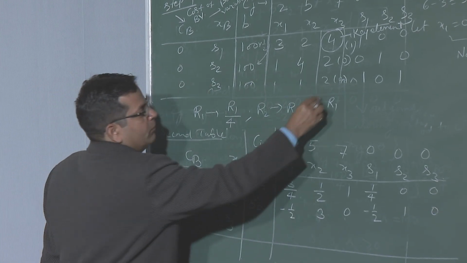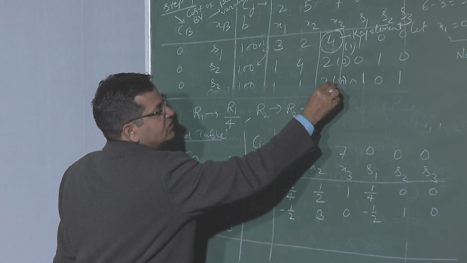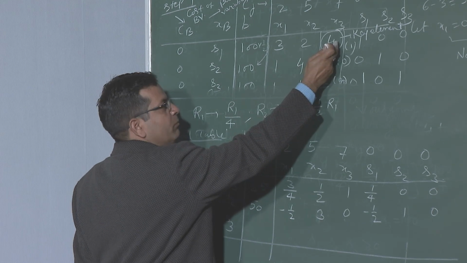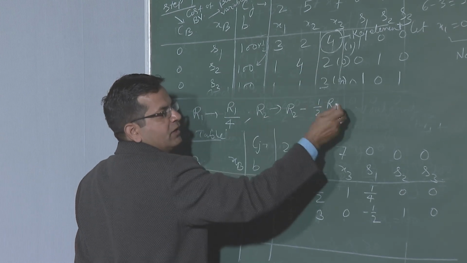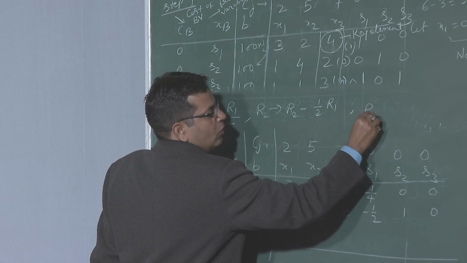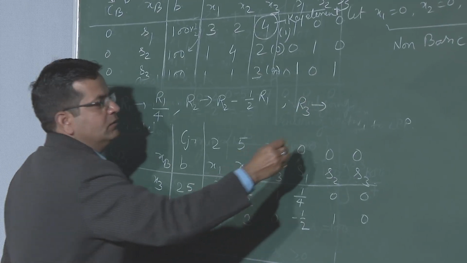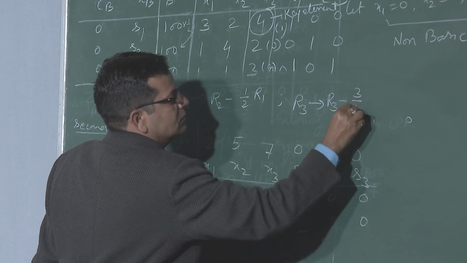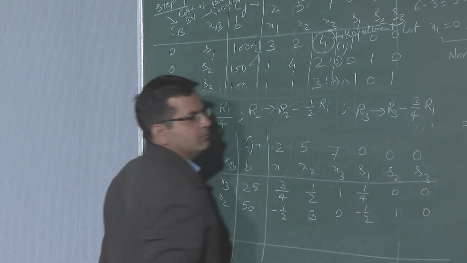To make this 3 into 0, what operation will I do? I will multiply the first row by 3 by 4 and then subtract. So in the third row I will do the operation R3 minus 3 by 4 R1.